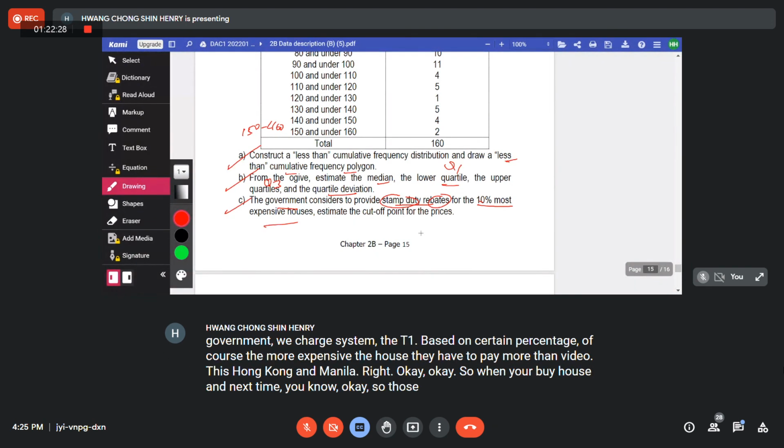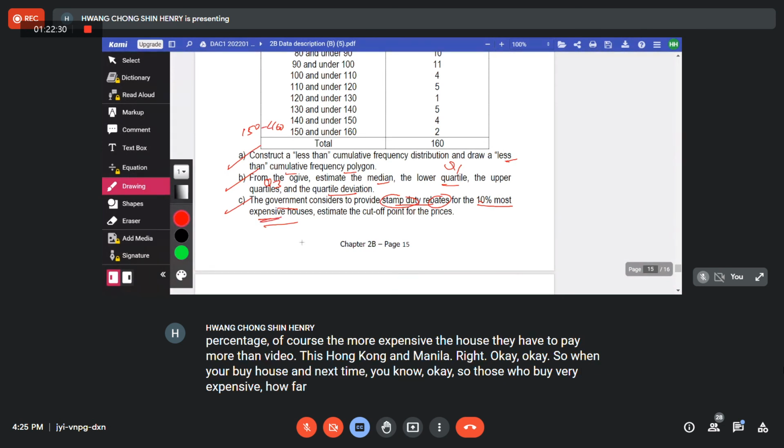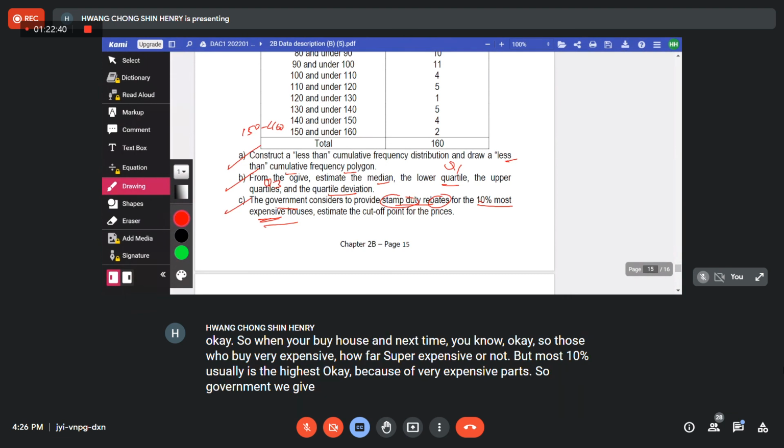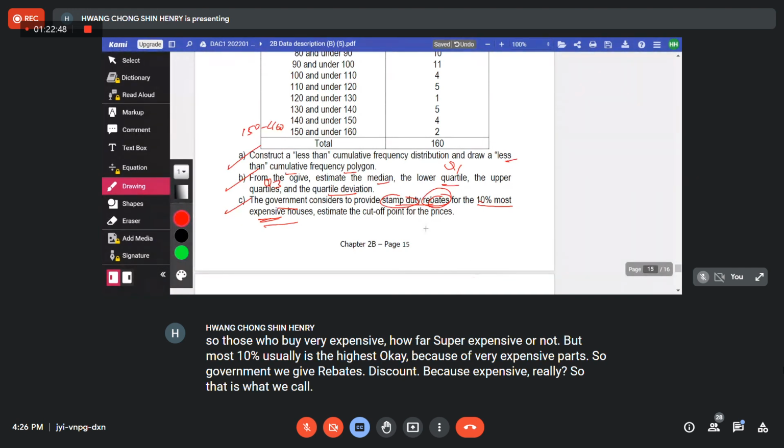So those who buy a very expensive house, super expensive one, but the top 10% usually is the highest. Because of very expensive, the government will give rebates, discount. So that is what we call stamp duty rebates for the top 10%.